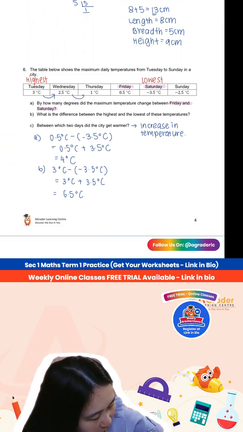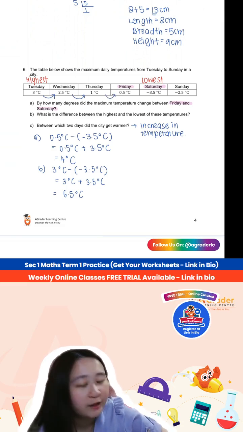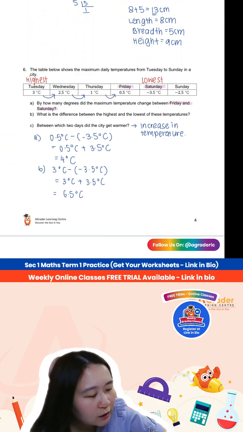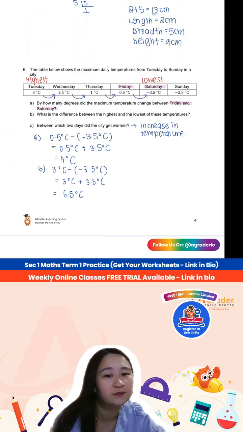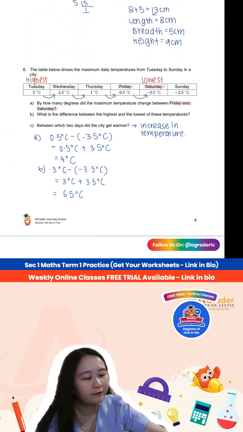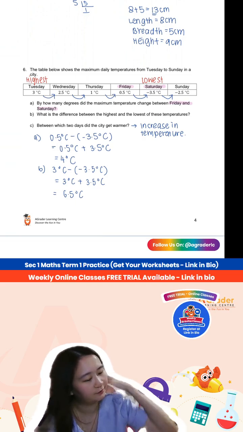Same for Wednesday to Thursday, the number also gets smaller. Thursday to Friday, there's also a decrease in temperature. Friday to Saturday, there's also a decrease, from positive turning to negative. However, from Saturday to Sunday, there's an increase in temperature because it gets less negative.